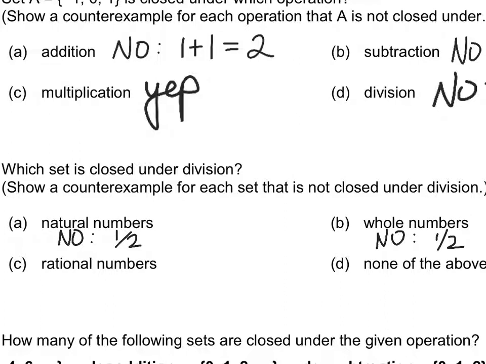What about rational numbers? What are we saying there? Yes or no? The root word of rational is ratio, and ratio is another name for fraction.